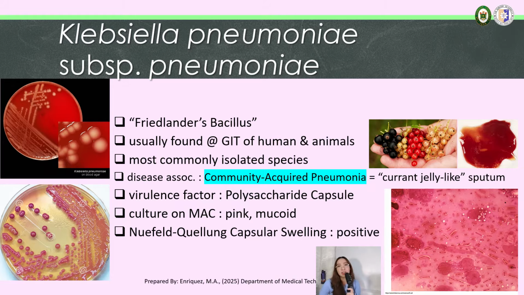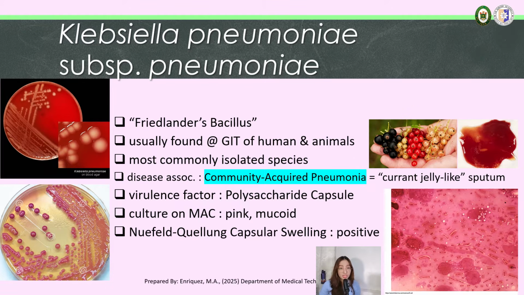As I've mentioned earlier, in the general characteristics, Enterobacterales are non-encapsulated except for two, diba? Which would include Klebsiella. So ito pong polysaccharide capsule na to serves as their virulence factor. Now, dahil nga po encapsulated sila, it will be very obvious in their colony morphology.